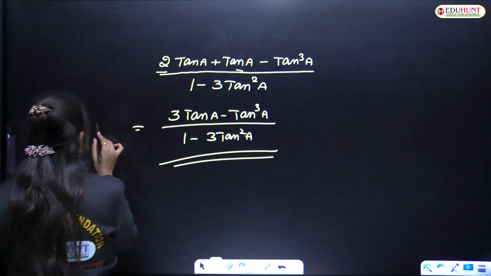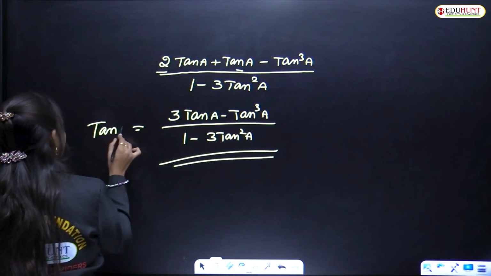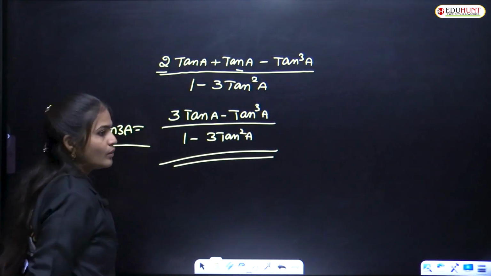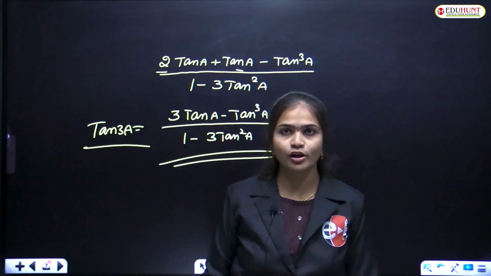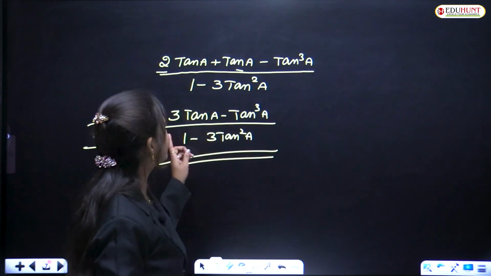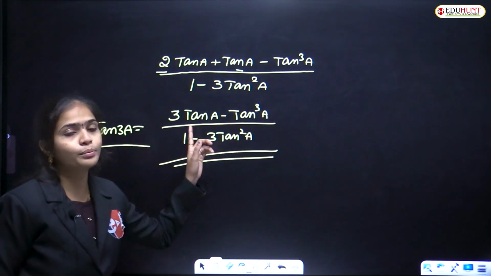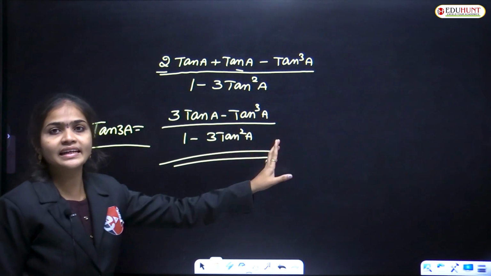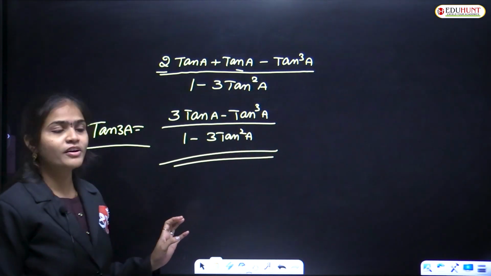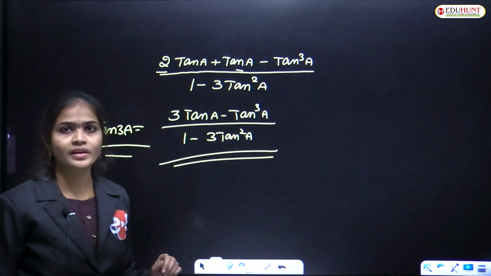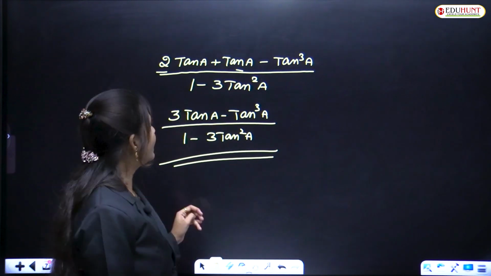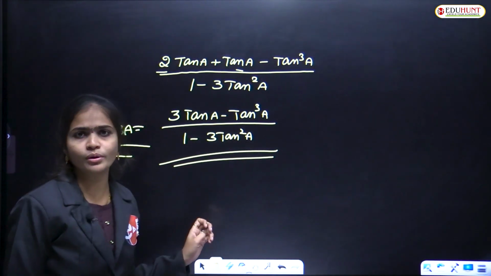Understand? So this is the formula related to tan 3a. Tan 3a is 3 tan a minus tan cube a by 1 minus 3 tan square a. Understand? Okay, here no need to write the tan cube a formula.